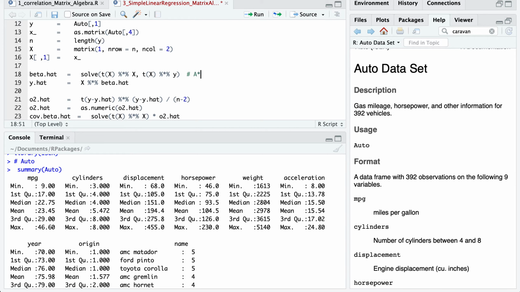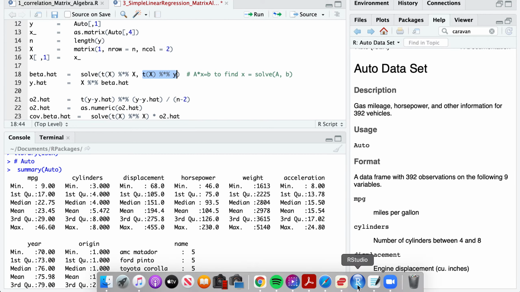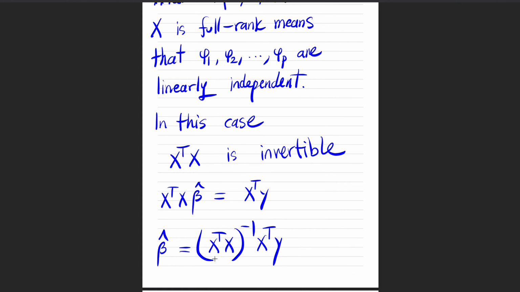If A X is B, to find X, essentially in R we just write solve A and B. And this is X transpose X, this is X transpose Y, and if you go back to the notes, this is what we are doing.